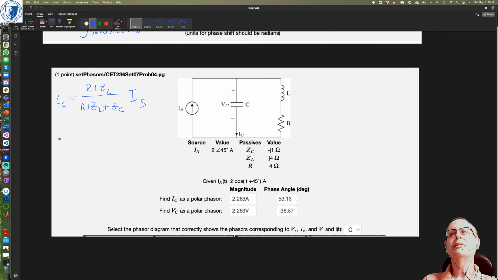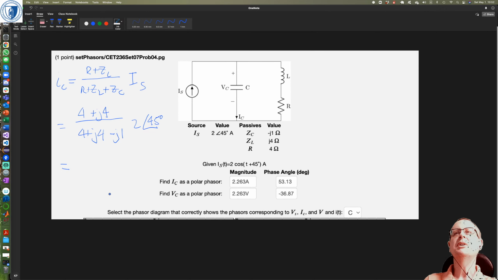There it is, 4 ohms, plus ZL, which is j4 ohms, divided by 4 plus j4 plus ZC, which is minus j1, times IS, which is 2 angle 45 degrees. Okay, so that's pretty much all I need to do to get IC. It's just a current divider equation.